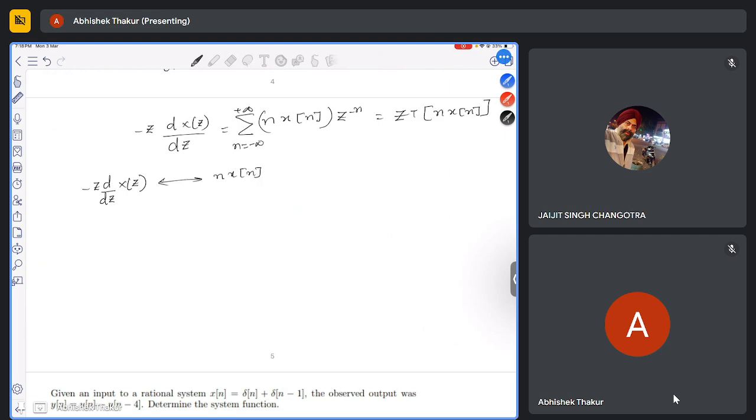So now let's suppose this whole term is our w[n]. So w[n] is equal to n x[n], so W(z) is equal to minus z times the derivative of X(z) with respect to z.